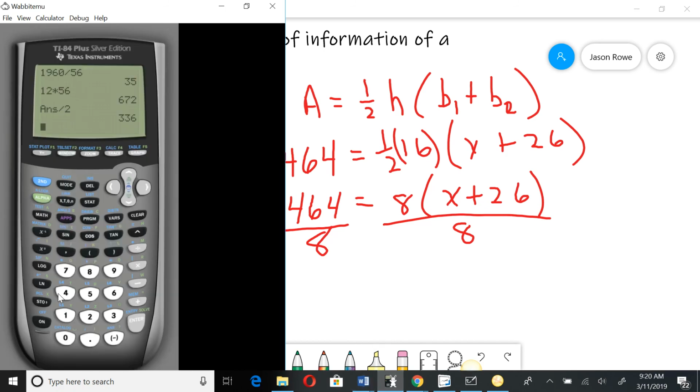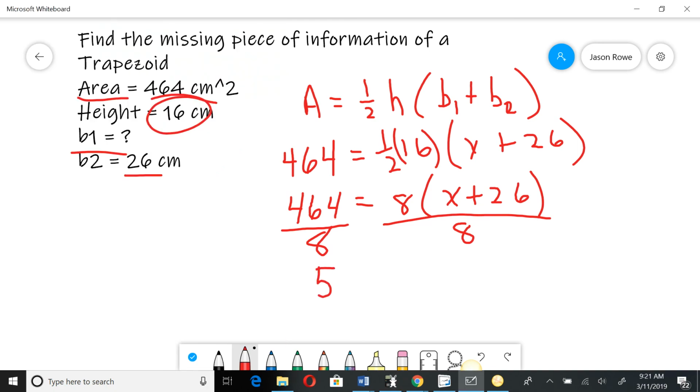We've got 464. We're going to divide by 8. That's going to give us 58. And then these are going to cancel, so that leaves me with x plus 26. Now I'm just going to subtract 26 to get what base 1 is.